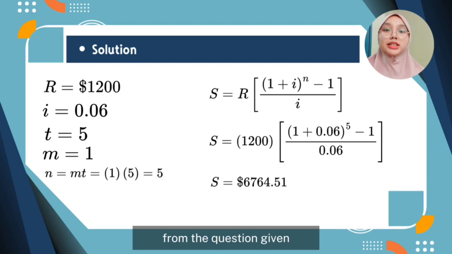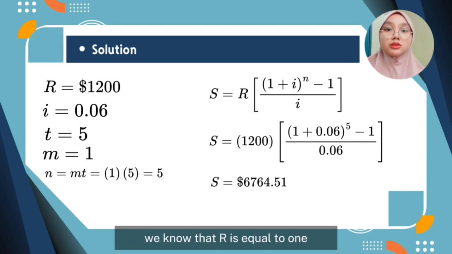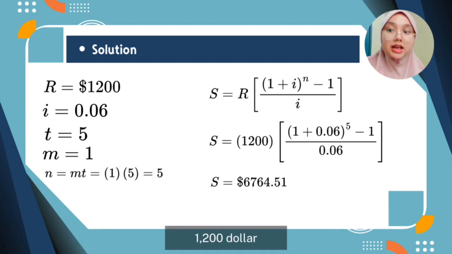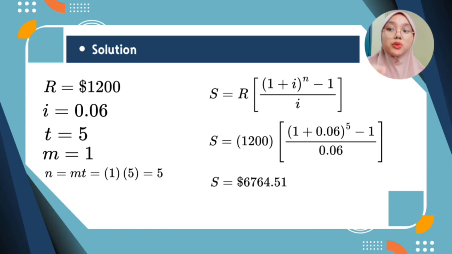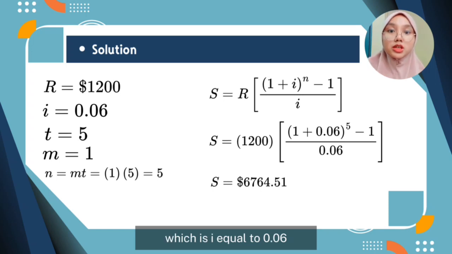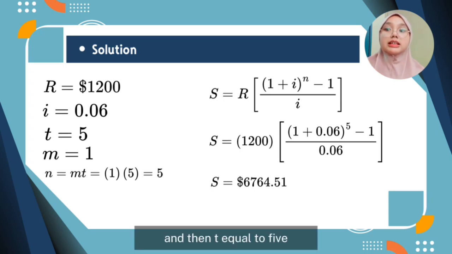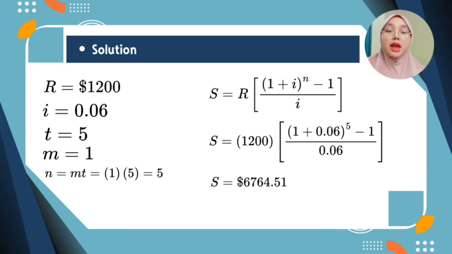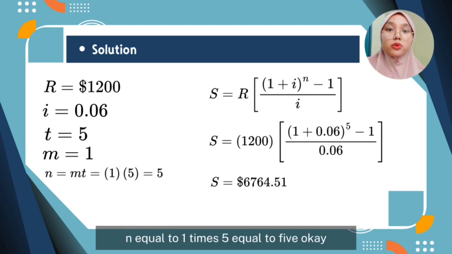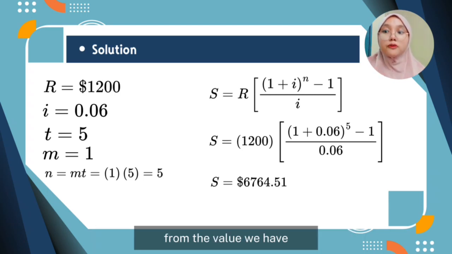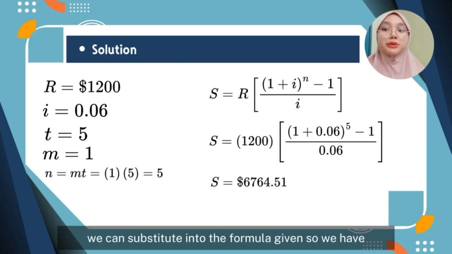From the question given, we know that R is equal to $1,200 and I equal to 6 over 100, which is 0.06, and then T equal to 5, M equal to 1, and N equal to MT, which is 1 times 5 equal to 5. From the values we have, we can substitute into the formula.